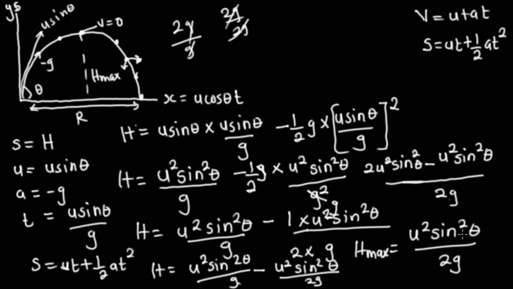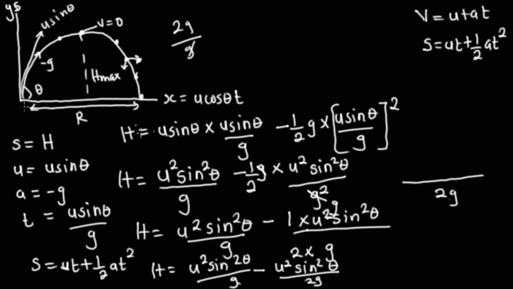Now let's look at range. Let me clear up some space. This is the range, the maximum horizontal distance. So range is given by ux times t, but don't forget that ux is u cos theta.